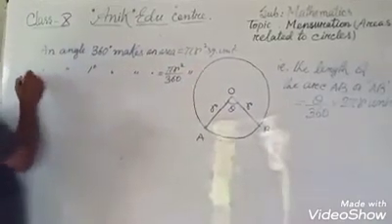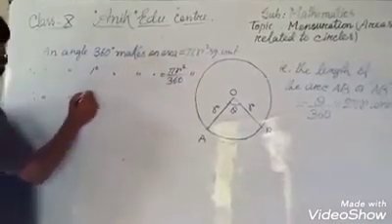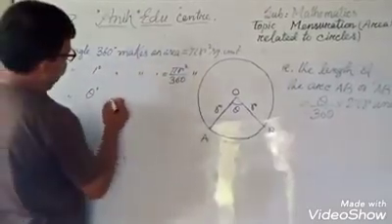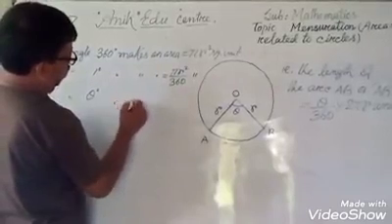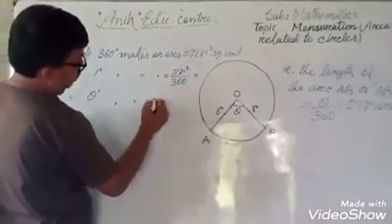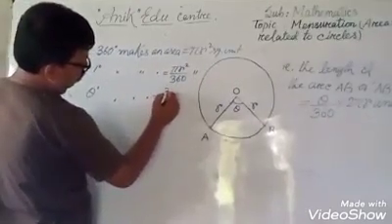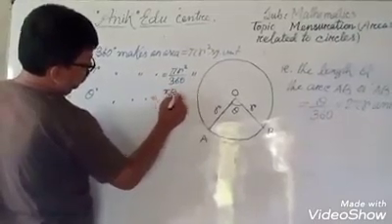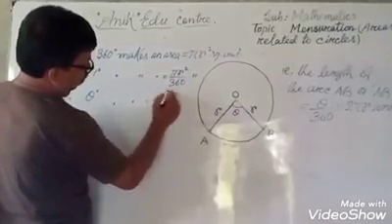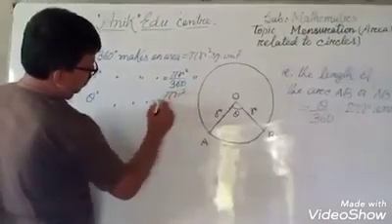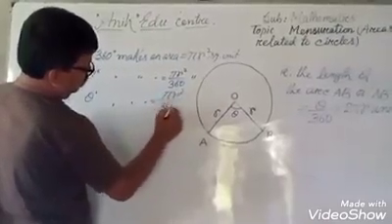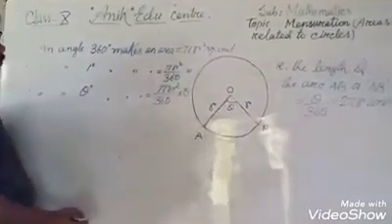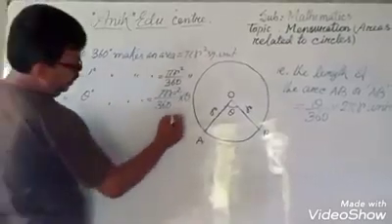Therefore, an angle of theta degrees makes an area equal to pi r square by 360 into theta square unit.